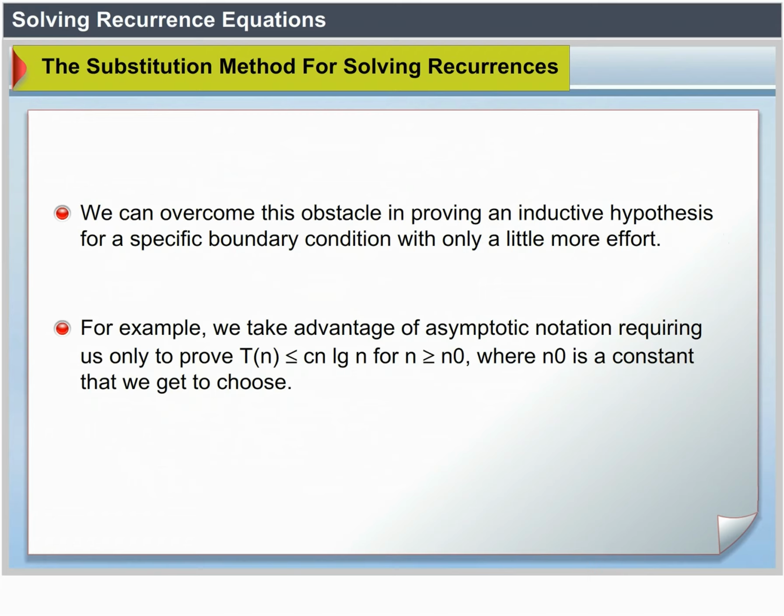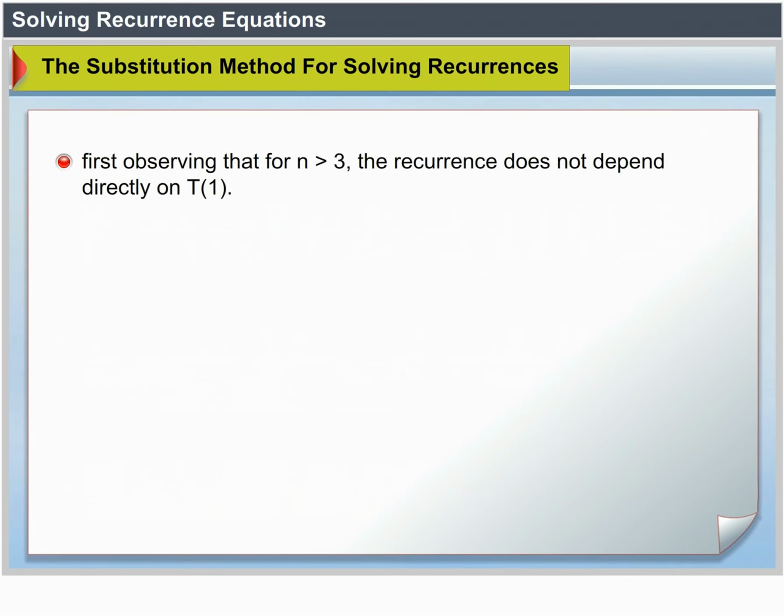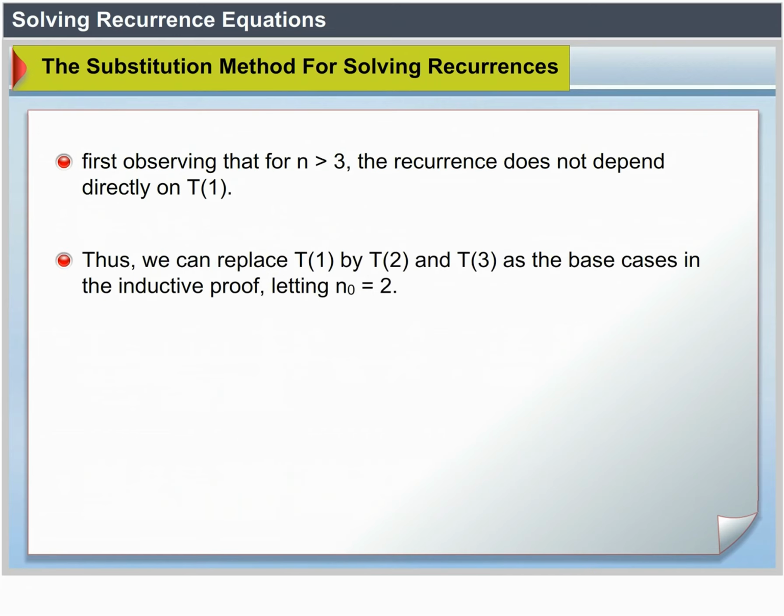Keep the troublesome boundary condition T(1) = 1, but remove it from consideration in the inductive proof. First, observe that for n > 3, the recurrence does not depend directly on T(1). Thus, we can replace T(1) by T(2) and T(3) as the base cases in the inductive proof, letting n0 = 2.